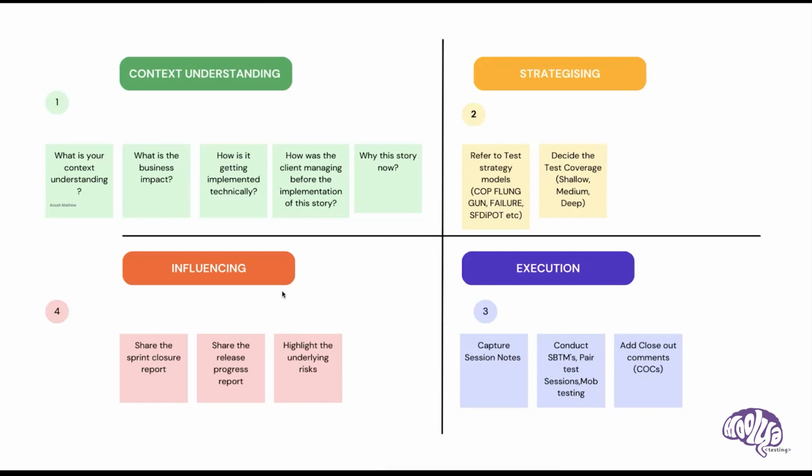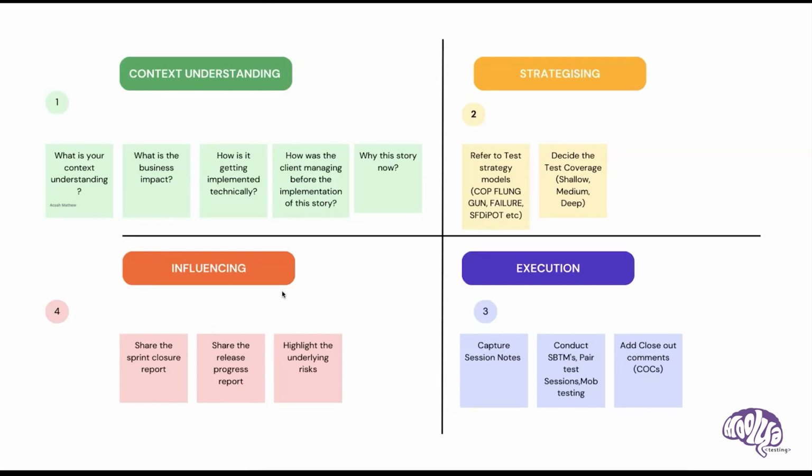Medium coverage is where I would even go ahead and check things which are not in the acceptance criteria. For example, I know this feature is going to be released to customers who are going to use it in different resolutions or different browsers. So that would be medium coverage, where I'm covering things outside acceptance criteria.